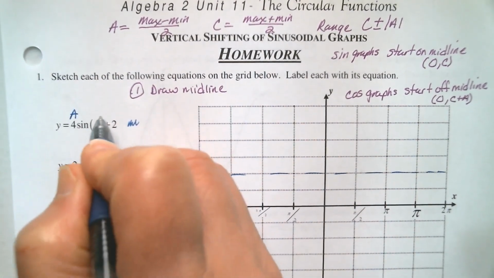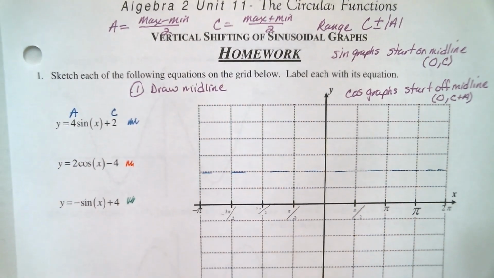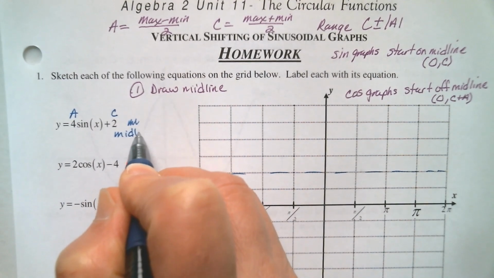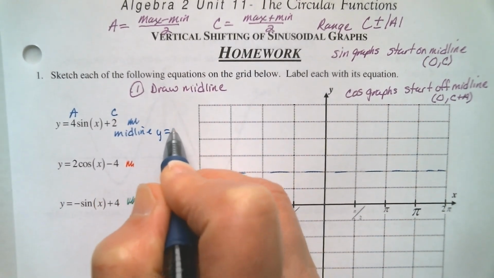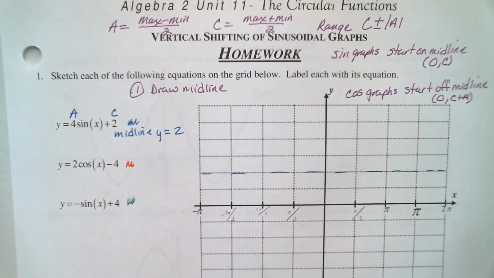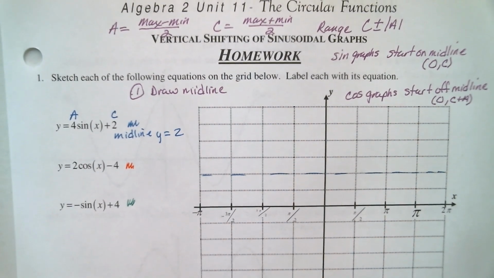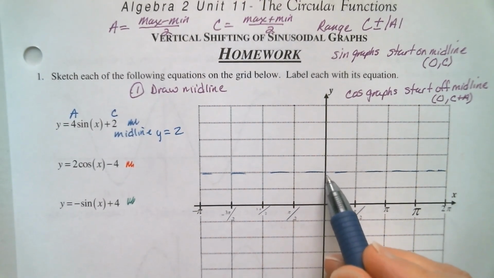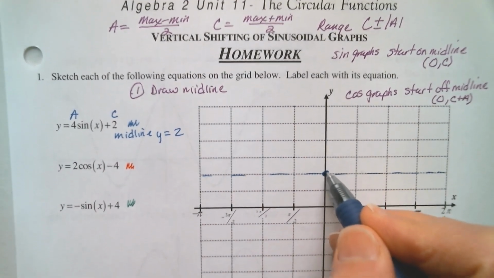This is A, this is C. So our midline is y equals 2. Again, all these little things you can write down. Please do so. It's going to help you to remember if you write it down on paper. So sine is going to start at 0, 2, right here.